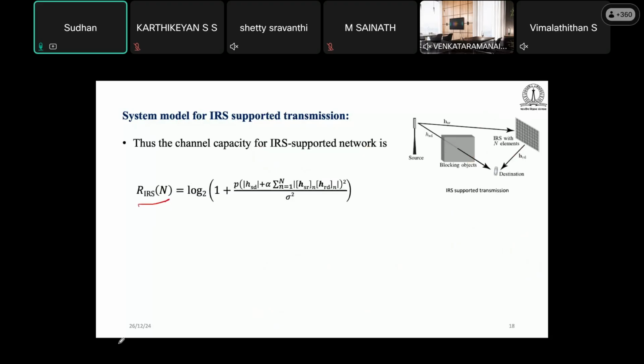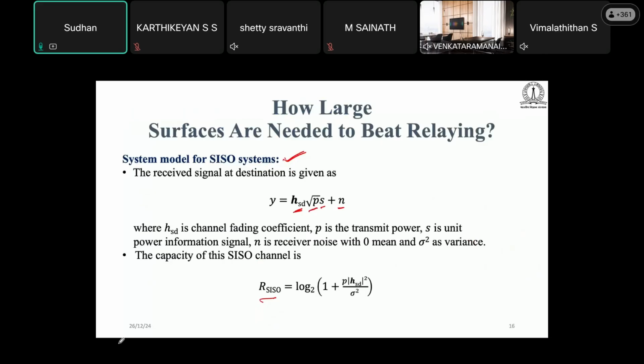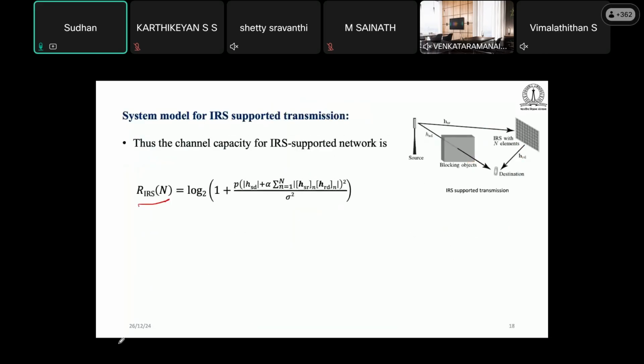Now if we compare with the previous path, where there is P|h_SD|^2, and we do the square, we get another term P|h_SD|^2, but also some other extra terms, and those are positive. This is positive, this is positive, and alpha is positive.